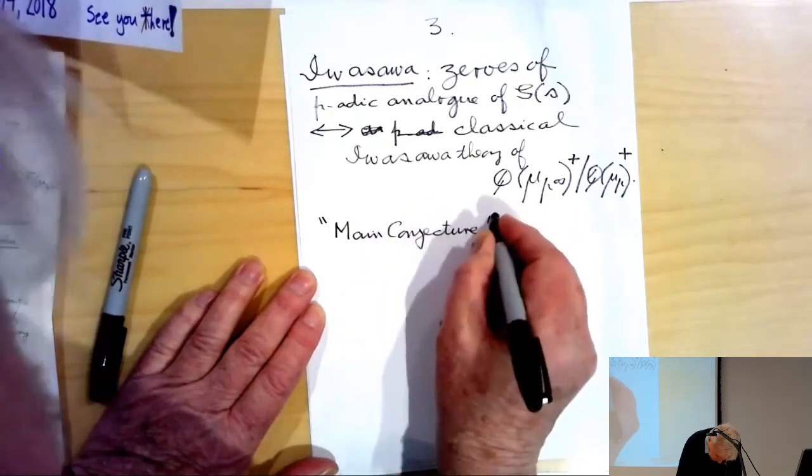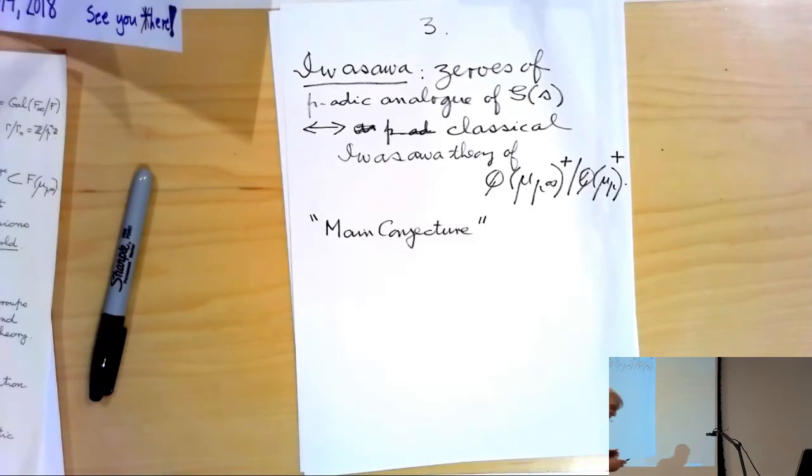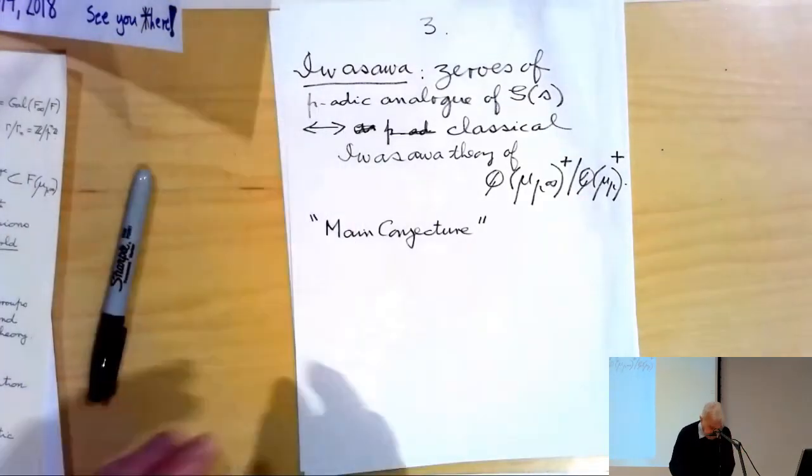Now you should be a little bit careful with this terminology: originally it was a conjecture, and it was then proven. In fact, Iwasawa himself proved a very beautiful first step which went a long way towards proving the main conjecture. In fact, he proved it when the class number of Q of mu p plus was prime to p. But he formulated it. It was his discovery.